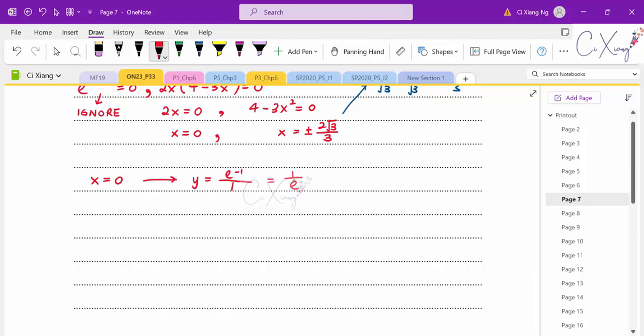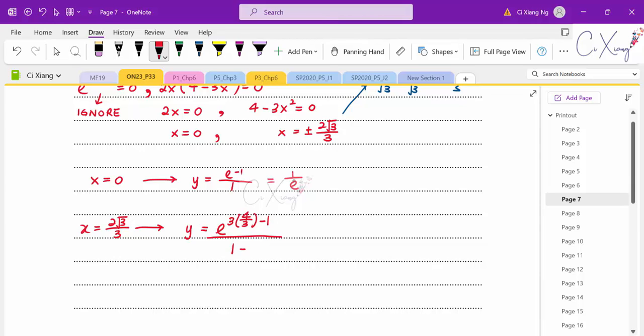Then for the second value, we use x equals 2 square root 3 over 3. How to get y? y equals e power 3x squared minus 1, divided by 1 minus x squared.